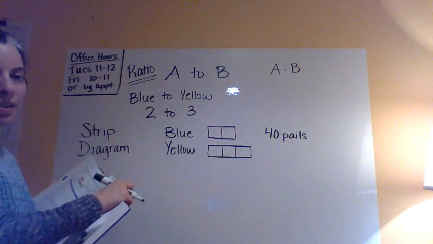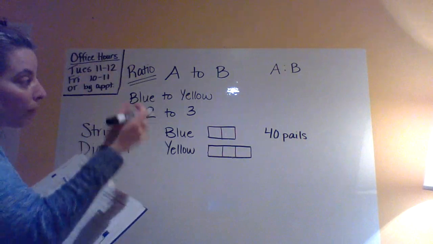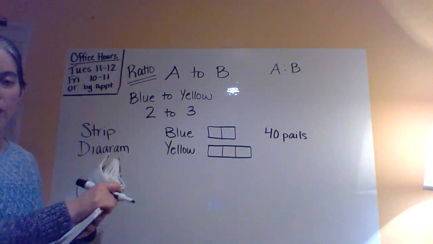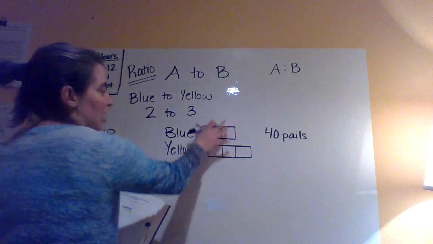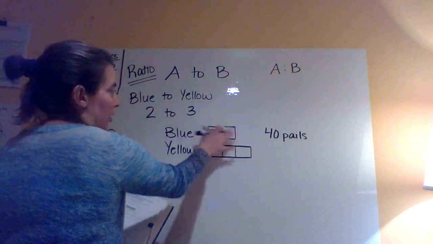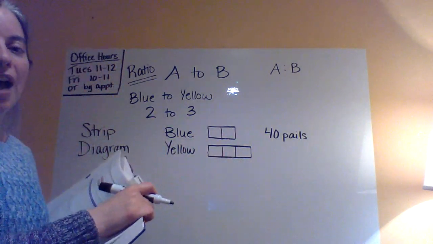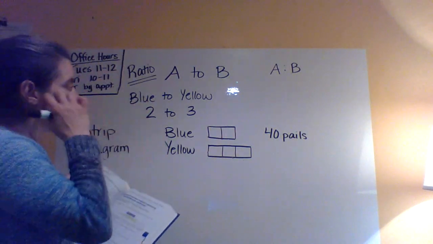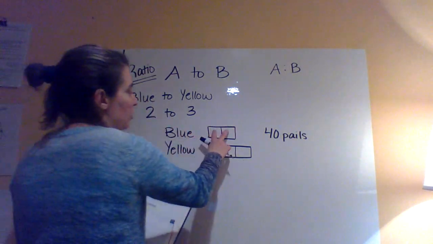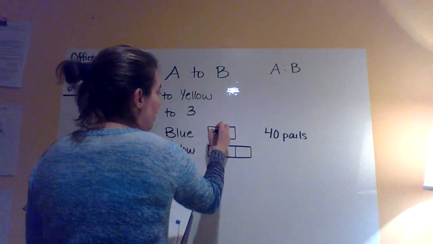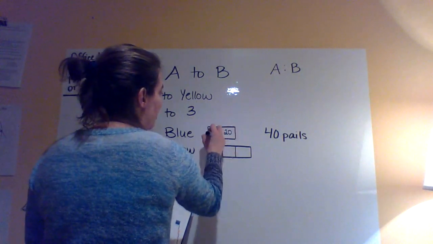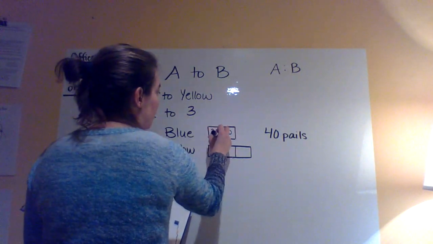So this is going to that second definition or way to think about ratios, that if I'm splitting this into equal parts, 2 equal parts, then this is going to split into 3 parts that are that same size. So if I have 40 pails of blue, and I know I can split that into 2 parts, well, that means that each of these little blocks represents 20 pails.